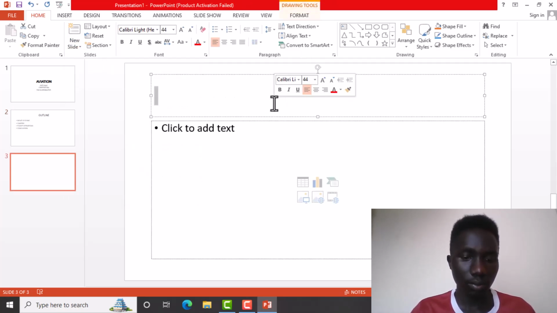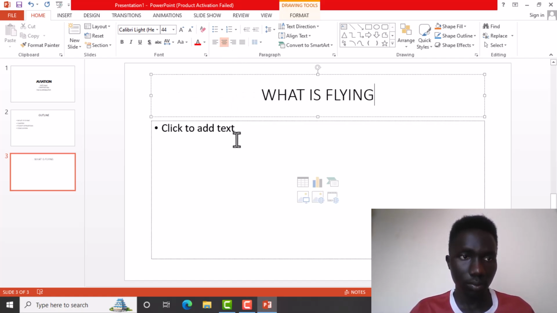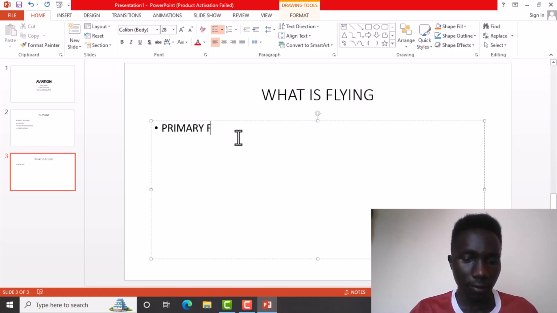Here we shall be talking about what is flying. Under what is flying, we basically talk about the primary flight controls, stuff that enables aircrafts to fly.